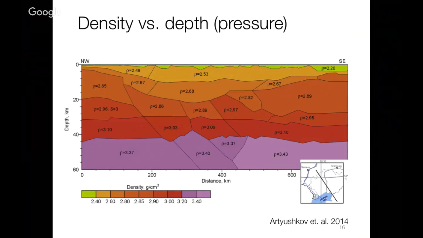If you go down to larger scales, here's depth in kilometers. This is like 60 kilometers down here, and the general crustal densities are maybe 2.5, but by the time you get down to upper mantle, you start to get to 3.5.